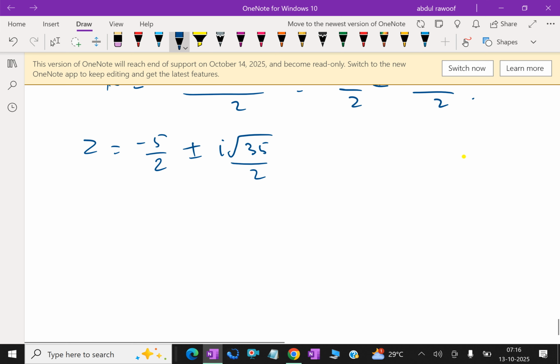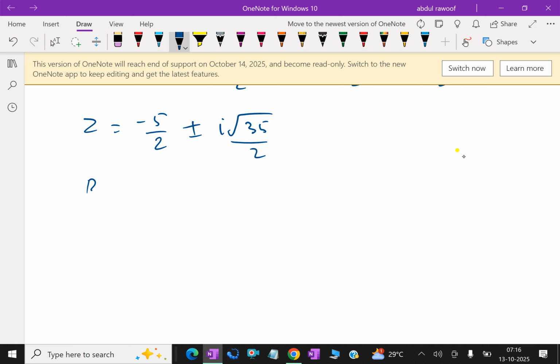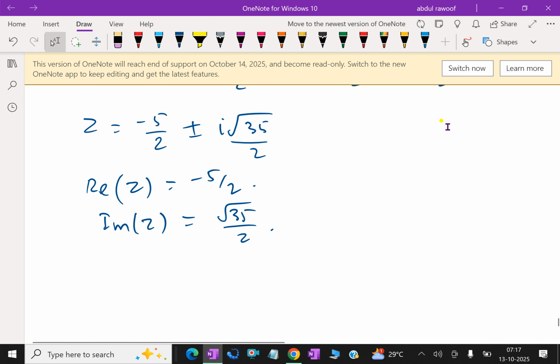Therefore, the real part of z is minus 5 over 2. The imaginary part is root of 35 over 2.